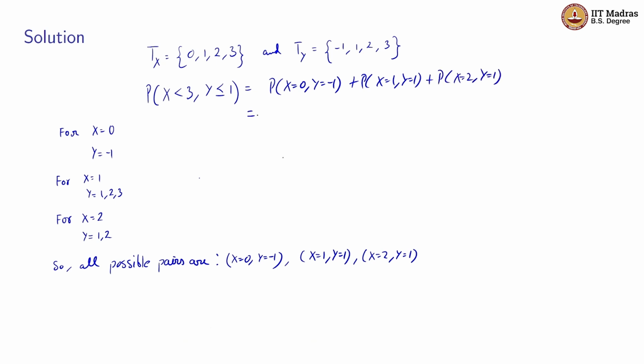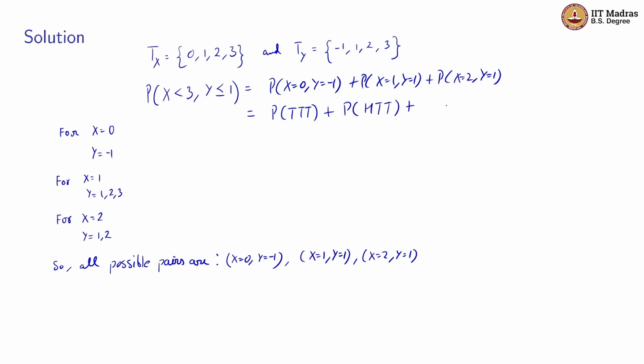Probability X equal to 0 and Y equal to minus 1 means that we get 3 tails, that is, this is equal to the probability of getting 3 tails. Probability X equal to 1 and Y equal to 1 means that we get 1 head and that's on the first flip, that is, the probability of getting head tail tail.